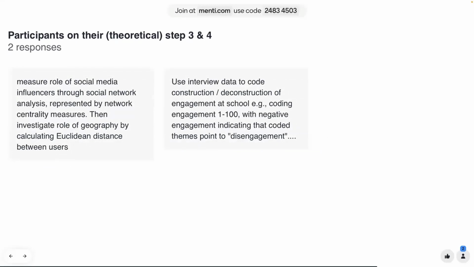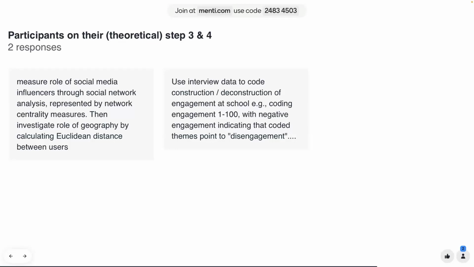Okay. Measure the role of social media influencers through social network analysis represented by network centrality measures. Then investigate role of geography by calculating Euclidean distance between users. Yeah, excellent. Yeah, that sounds great. Use interview data to code construction, deconstruction of engagement at school, e.g. coding engagement 1 to 100 with negative engagement indicating the coded theme point to disengagement.